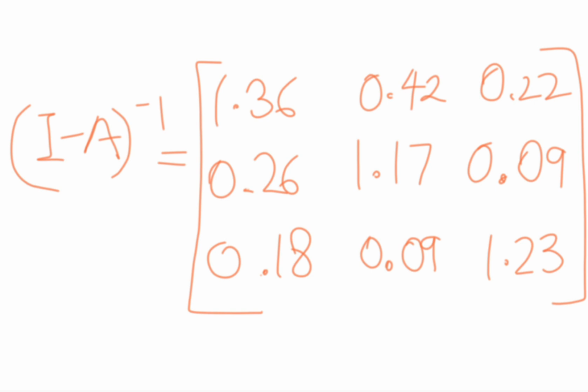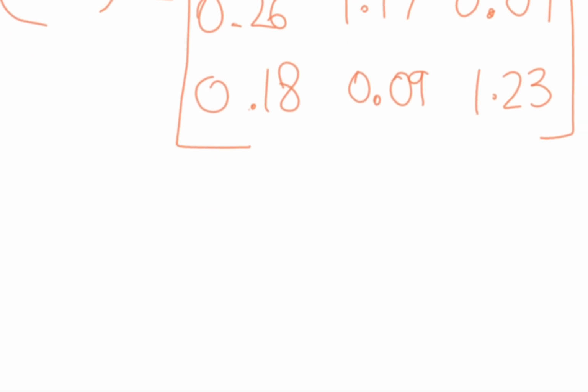After doing this entire process, which is, as I said, calculation intensive, you will get to the (I - A) inverse matrix like this. After getting the (I - A) inverse, we can proceed to the third part, which asks us to compute the output vector x.